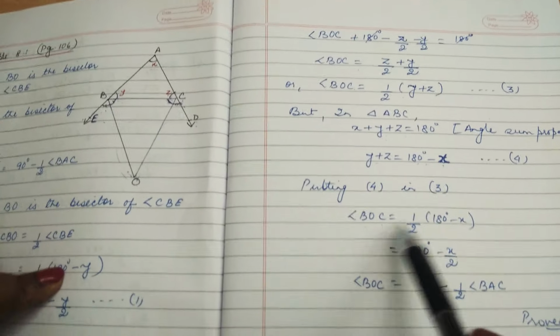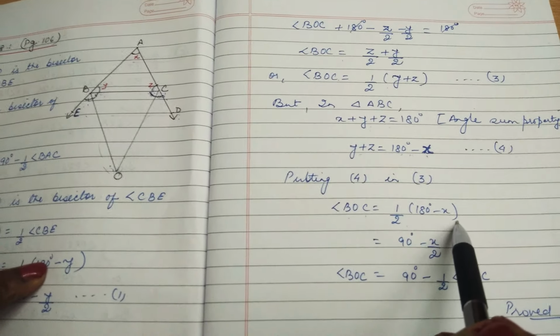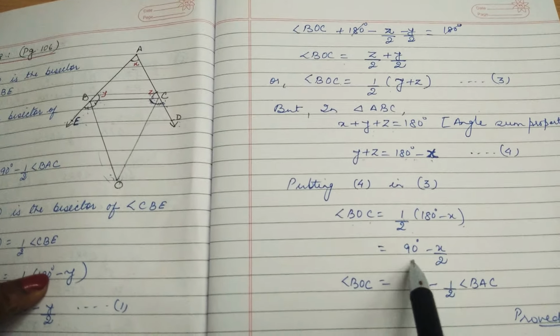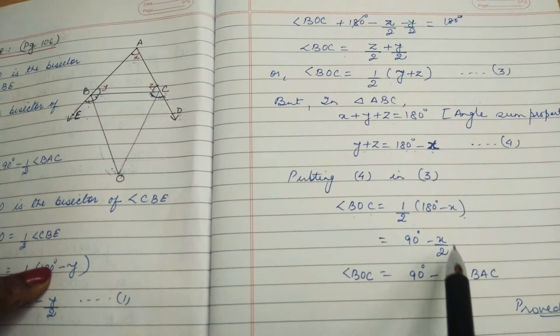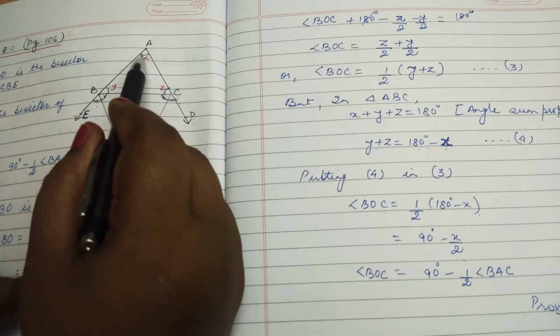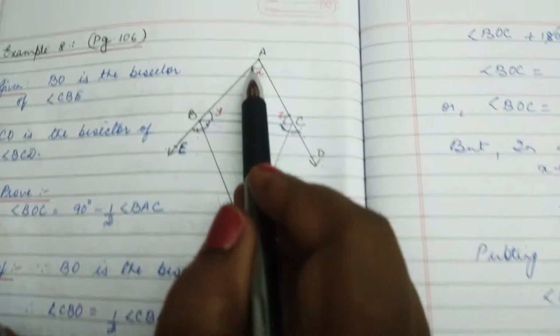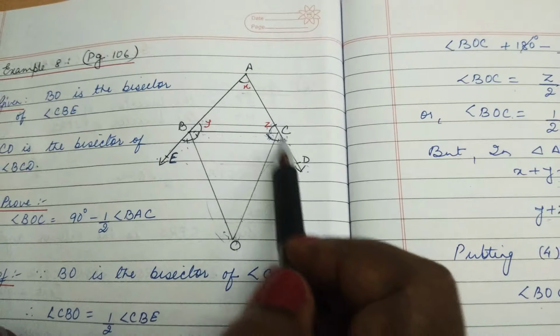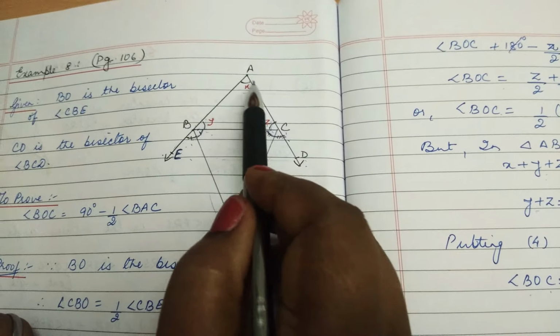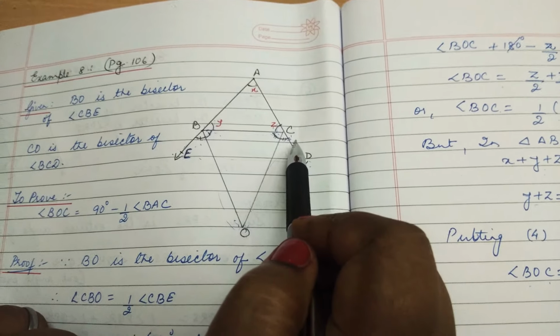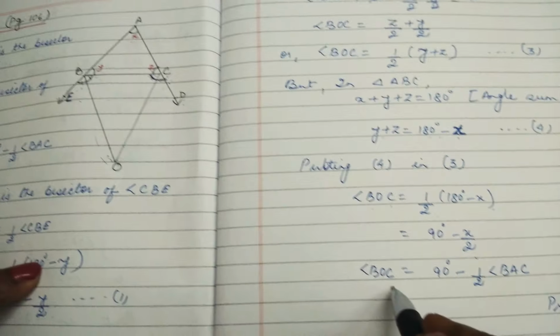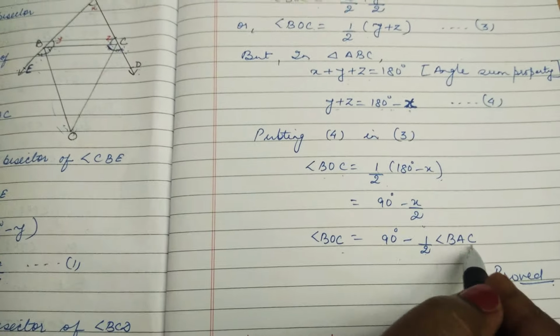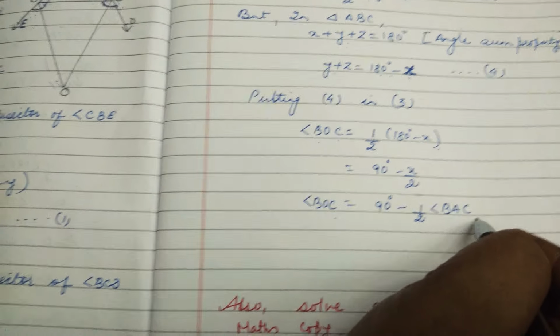So angle BOC equals half of 180 minus x. When you solve it, you get 90 minus x by 2. Now what is x here? Just see the figure. Here x is angle BAC. So x by 2 will be half angle BAC. So angle BOC equals 90 minus half angle BAC.